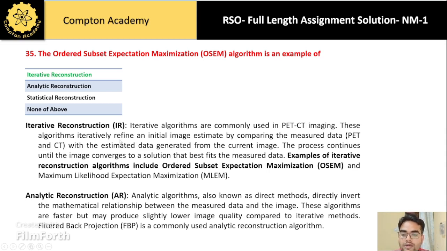These algorithms iteratively refine an initial image estimate by comparing the measured data, CT and PET, with the estimated data generated from the current image. The process continues until the image converges to the solution that is the best fit of the measurement data. So OSEM is an example of iterative reconstruction.